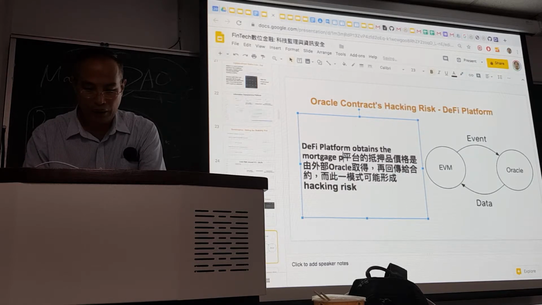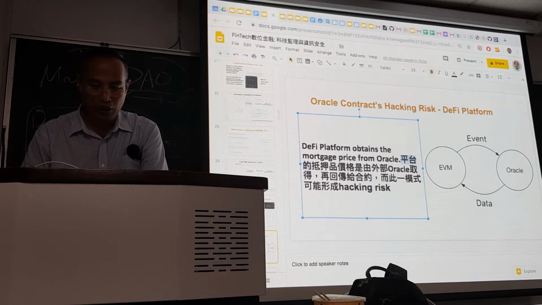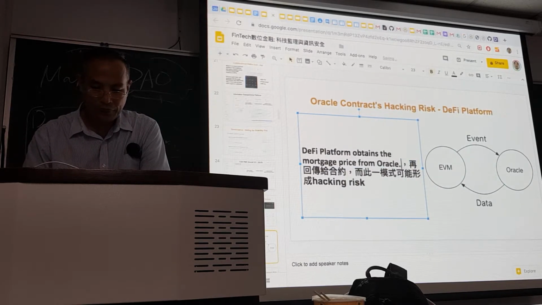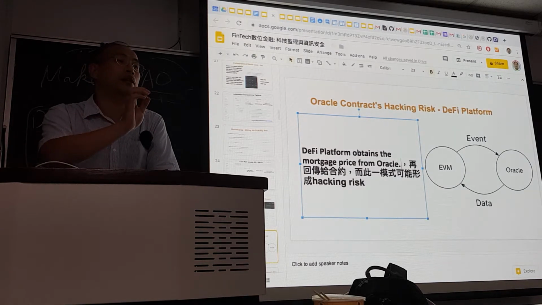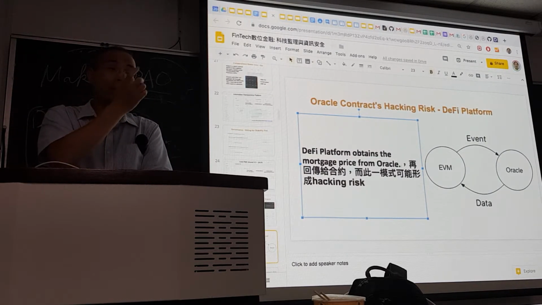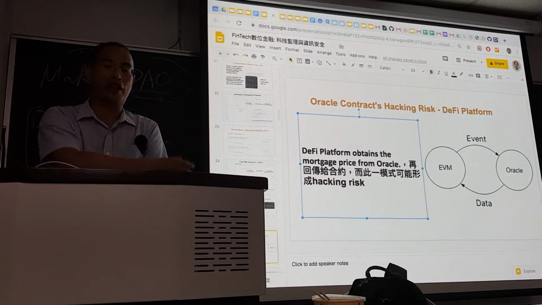Mortgage price from Oracle. Okay, so this Oracle doesn't mean Oracle database. It just says it's an external contract that you get the Ether price from, CoinMarketCap, from lots of data.com.